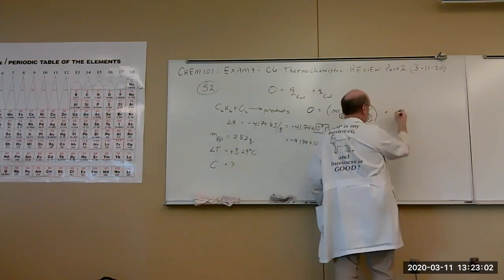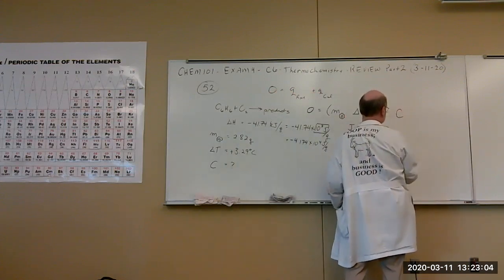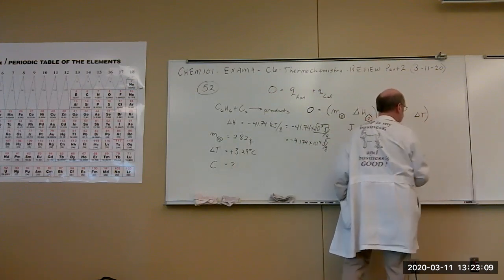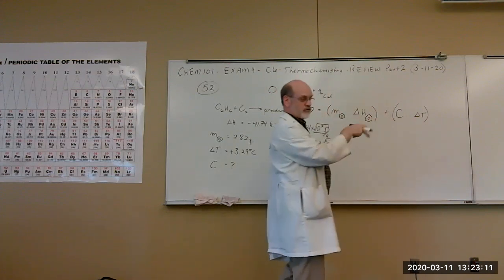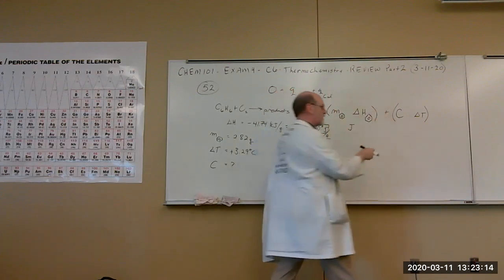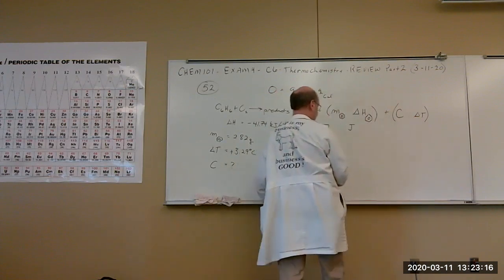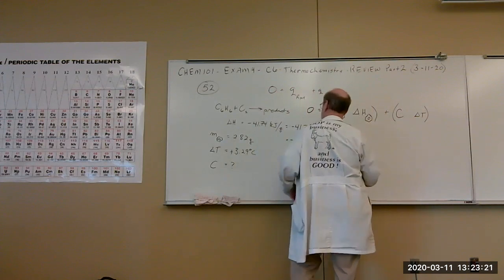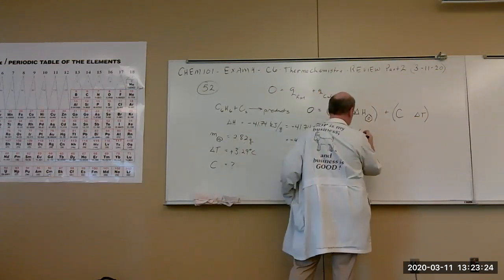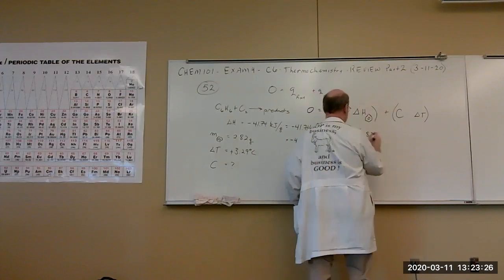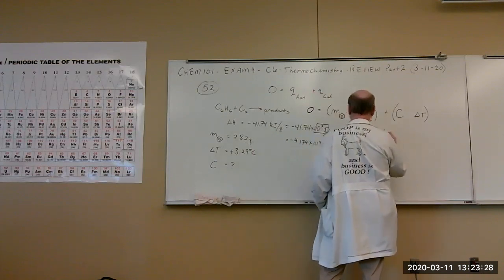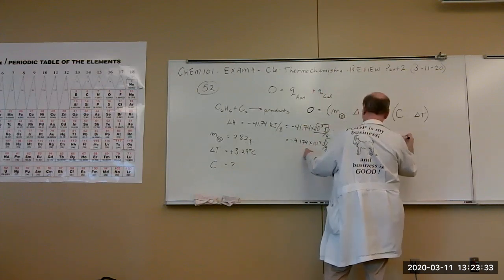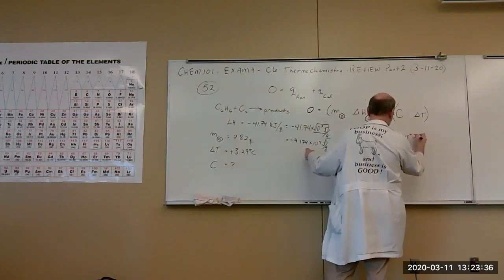What's this one? Well, this one is the calorimeter constant times the change in temperature, because it's joules per degree C. So we need to know the change in temperature here. All right, so 0 equals this mass, 2.82 grams times negative 4.174 times 10 to the fourth joules per gram.